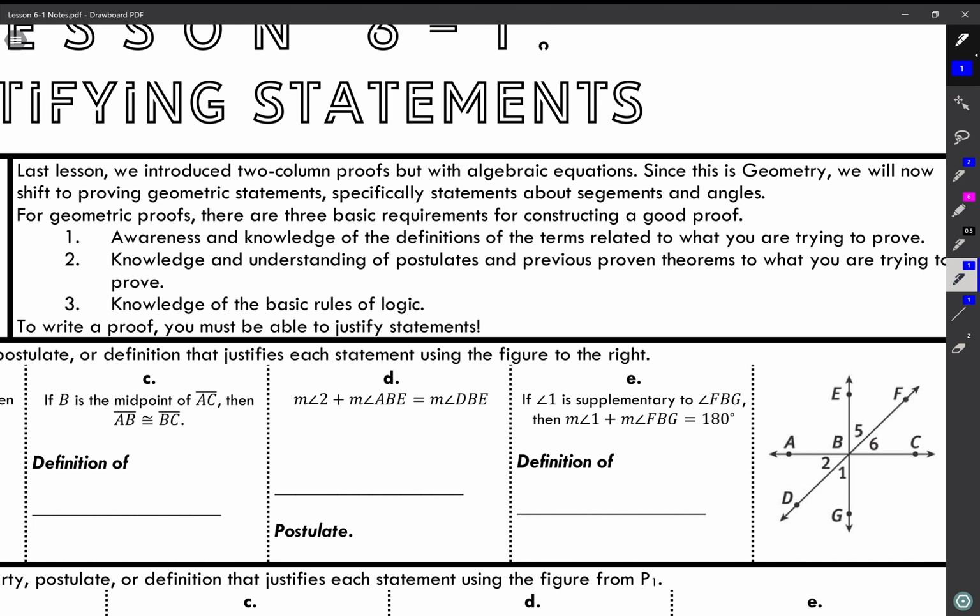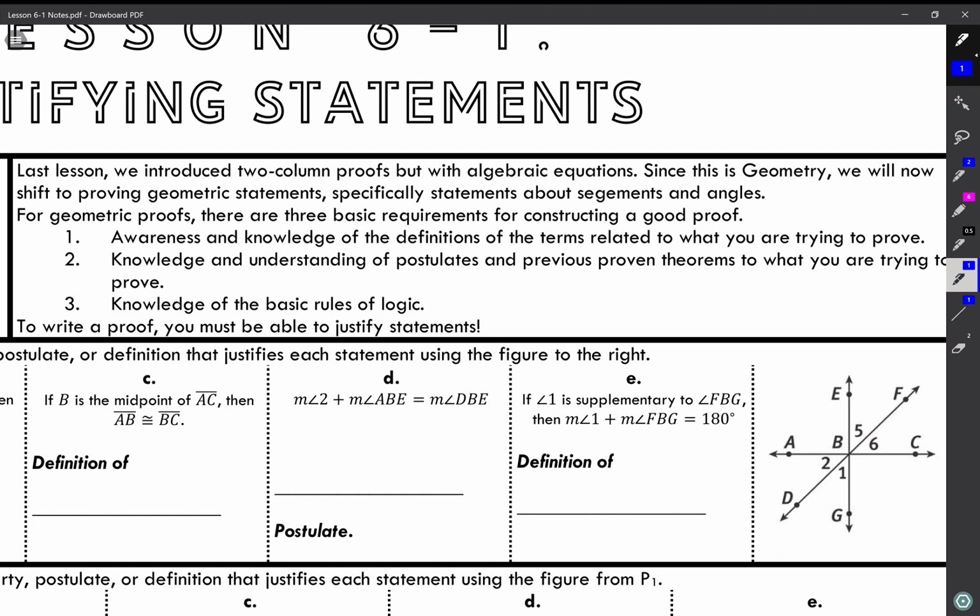So for geometric proofs, there are 3 basic requirements for constructing a good proof. Number 1, we need awareness and knowledge of the definitions of the terms related to what you're trying to prove. Anything you're trying to prove is going to deal with some type of geometric situation, so you need to be knowledgeable of the definitions that deal with that particular subject.